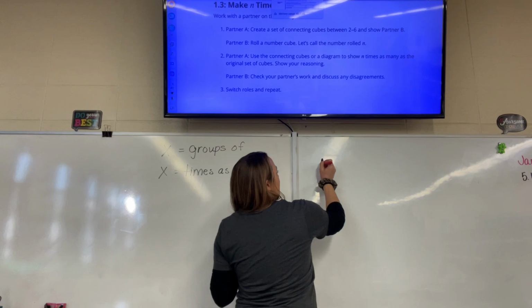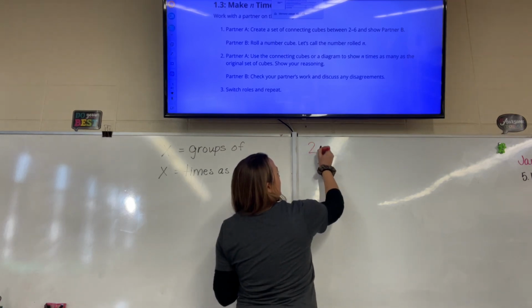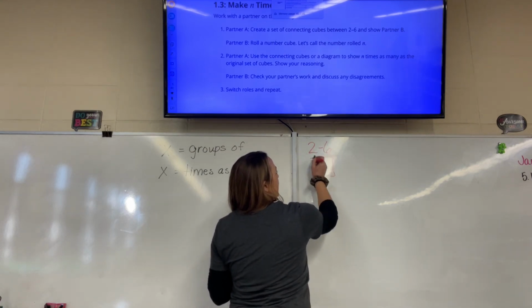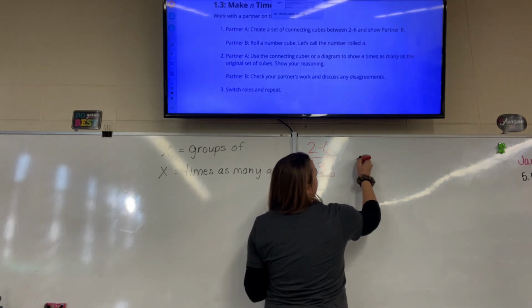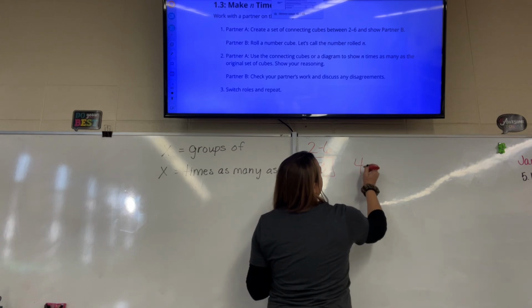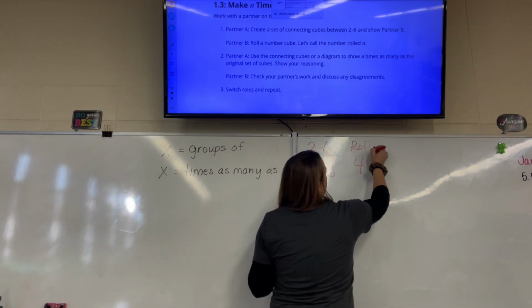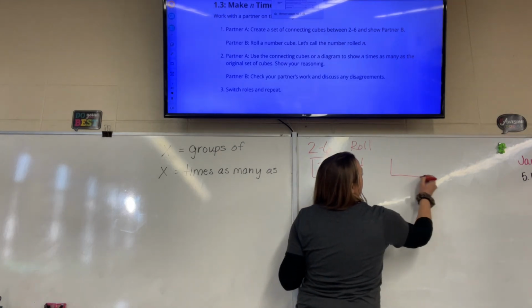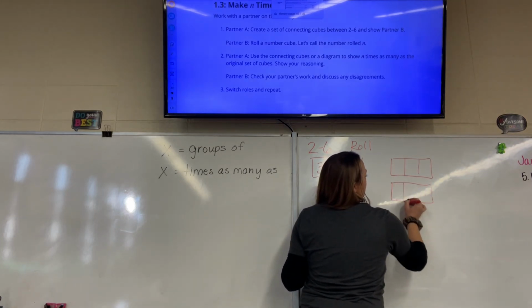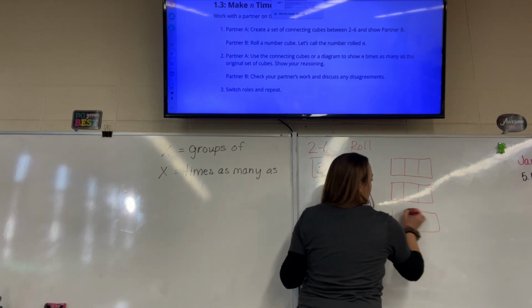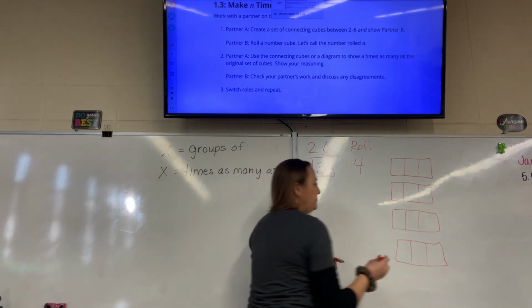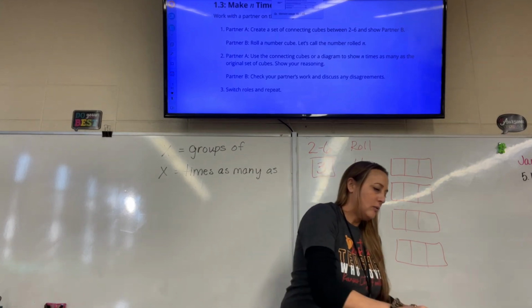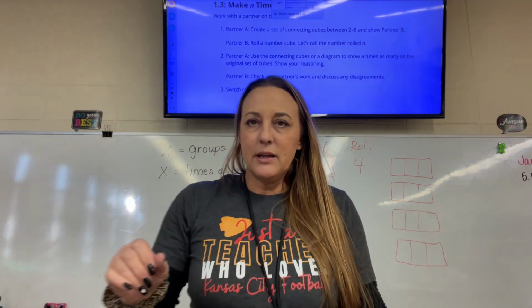So if you picked a 3 and then you rolled the dice and got a 4, then you would need to draw the diagram. There's 3 blocks, and you would have to repeat or draw that a total of 4 times. And that was the partner activity that we did. And then we're gonna go on to the practice pages 33 and 34.